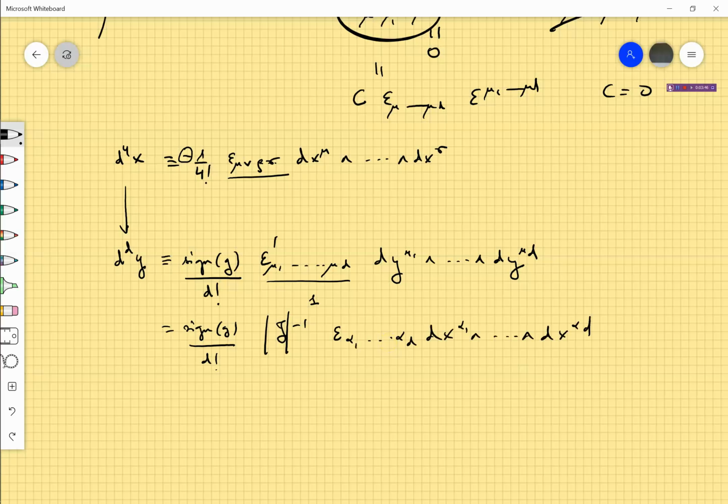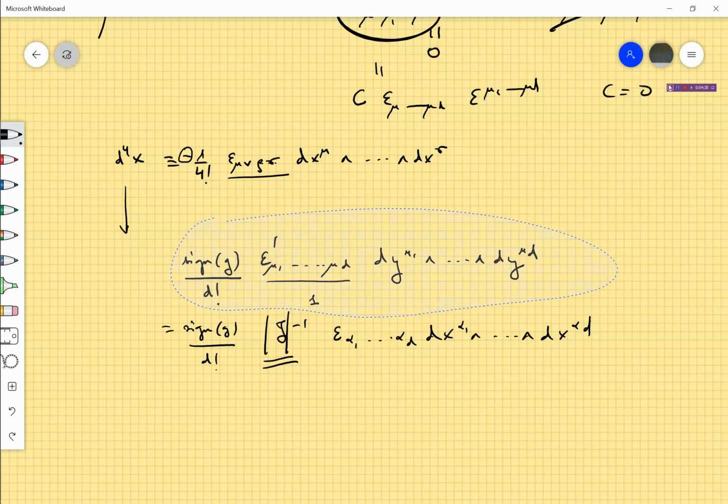Okay, so in order to construct something which is completely invariant, I need to cancel this, which means that I need to multiply by a scalar density, because I don't have more free indices to play with, of weight minus 1, or divide by a scalar density of weight 1, which would be the square root of g. So the thing that I now will replace dy, okay, this notation is really not correct anymore.